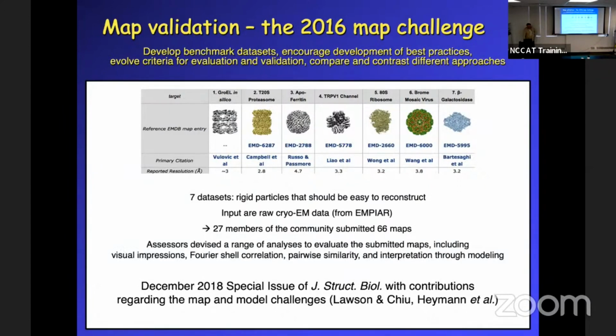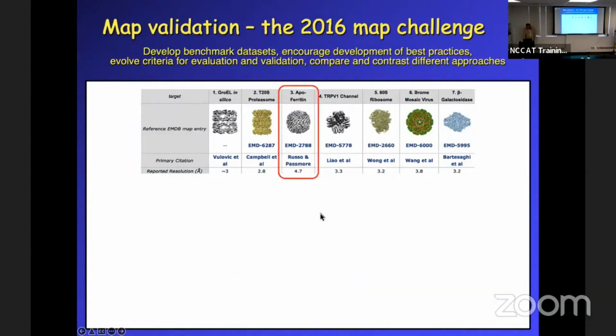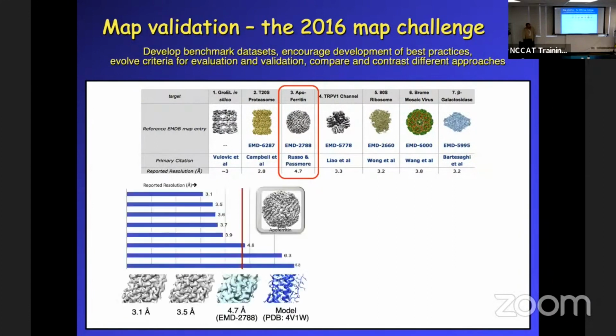And then they gave this to the assessors, who devised a bunch of different ways to actually assess the quality of these maps. And so I just want to talk about one, the apoferritin. The initial resolution of the data that was in EMPIAR was 4.7 angstrom. And now they got 8 maps back from this challenge.